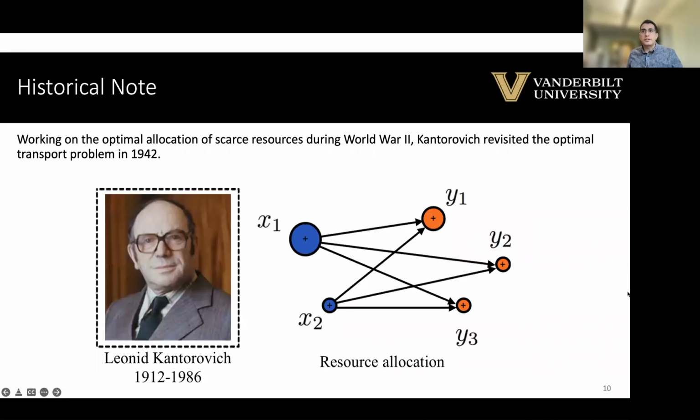And almost 200 years later, Leonid Kantrovich was working on optimal allocation of scarce resources during World War II. He revisited the optimal transport problem in 1942. Actually, he was not aware of Monge's work at the time, but he treated the problem as a resource allocation between a set of supplies and a set of demands, and how we do the supply demand balance with the least amount of transportation cost.